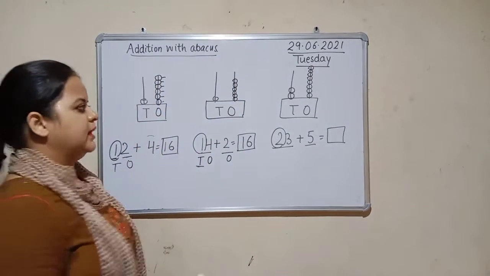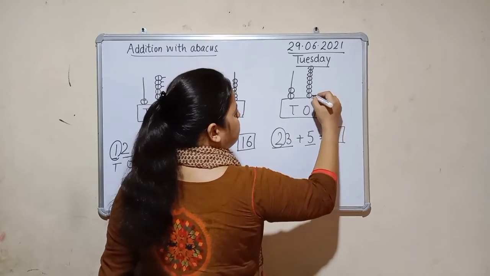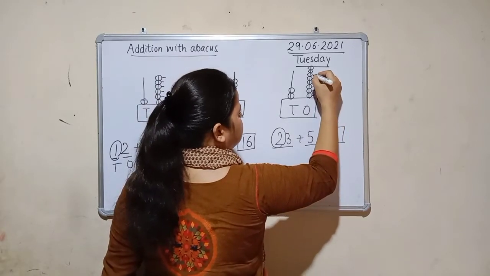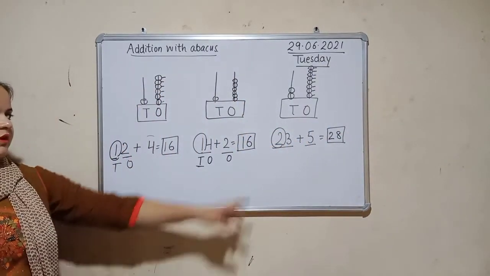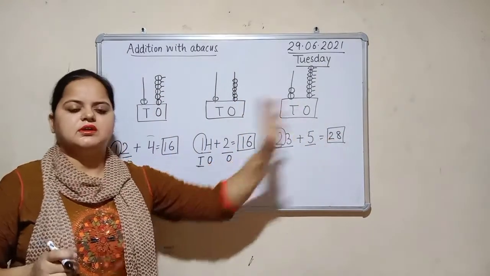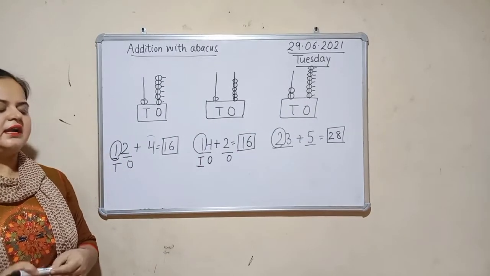Now we will count them. 1, 2, only 2 tens. 1, 2, 3, 4, 5, 6, 7, 8. 8 ones. So 23 plus 5 is 28. Done? And understand?